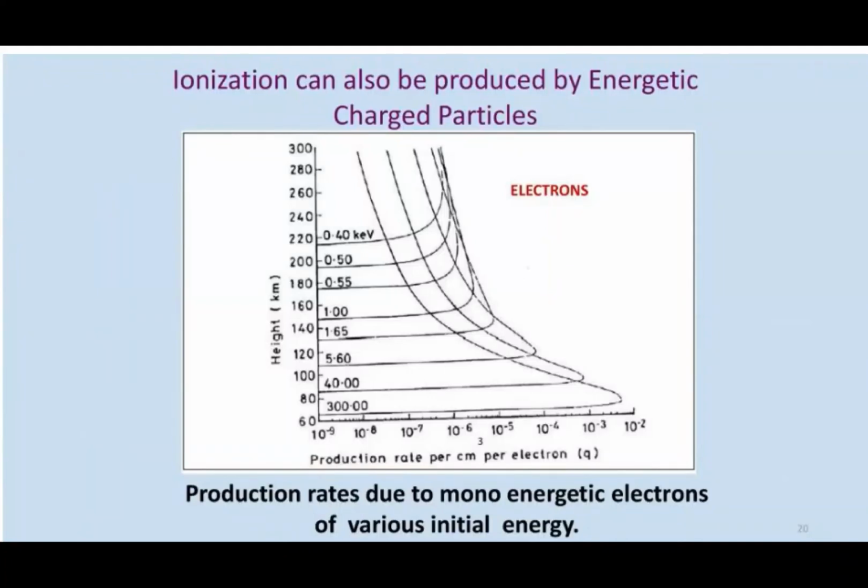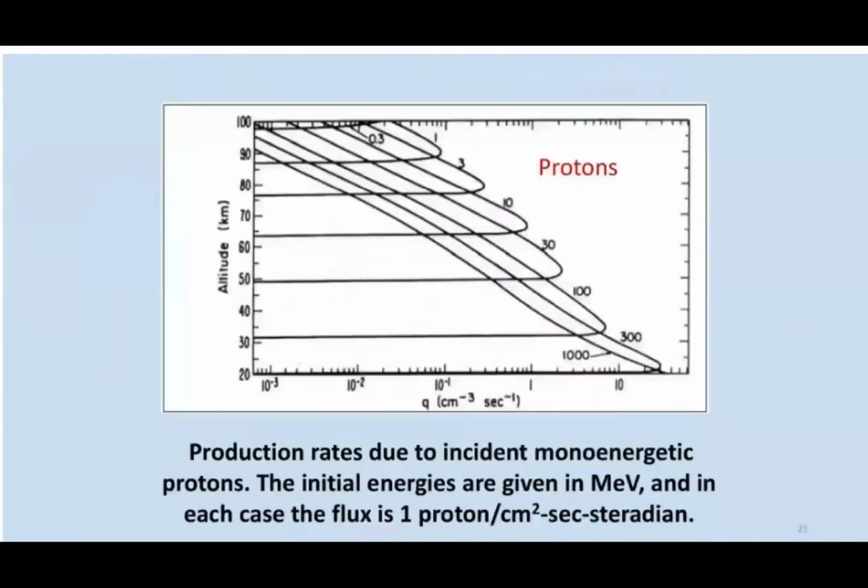And depending upon their energy, they can produce ionization at different heights, even as low as 60 to 70 kilometers. Similarly, for energetic protons, when the sun has a disturbed condition like a solar flare, sometimes proton flares occur, and then very highly energetic protons come from the sun, and their energies are in the range of MeV.